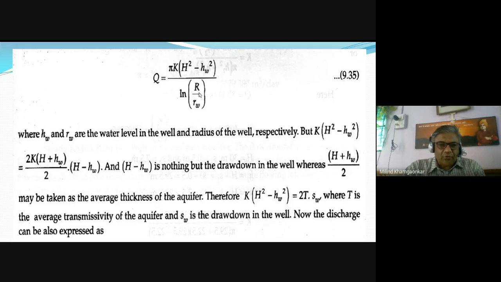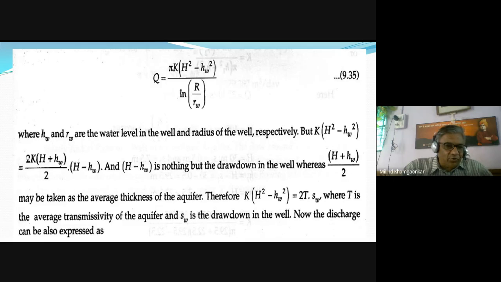So in the equation written above, K into H square minus HW square we can write again. We know that the coefficient of transmissivity T is equal to K into b, the thickness of the aquifer b multiplied by the coefficient of permeability K. So K into (H plus HW)/2 is the thickness, and we denote the thickness of the aquifer by small b.